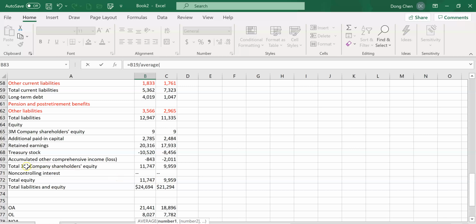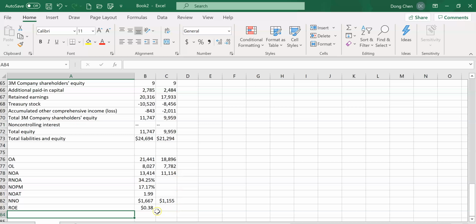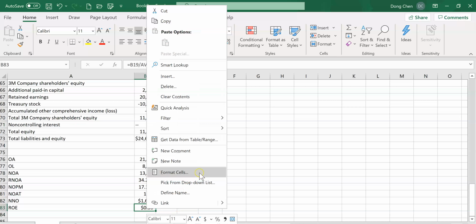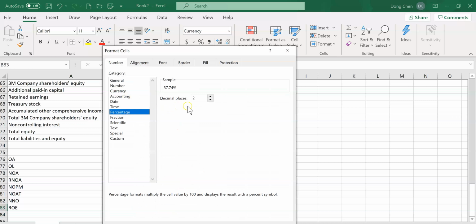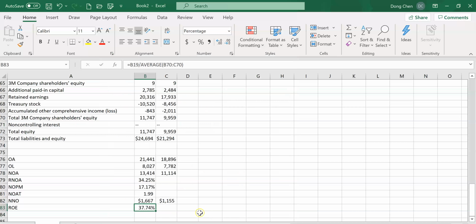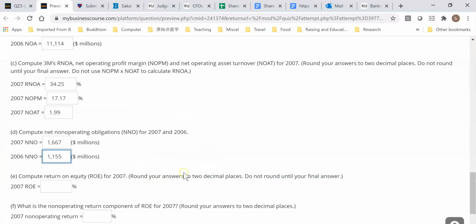So we should use the total 3M company shareholders' equity. So this is my ROE. And format this, keep this in percentage term and keep two decimal places. And so we can just copy the number 37.74.